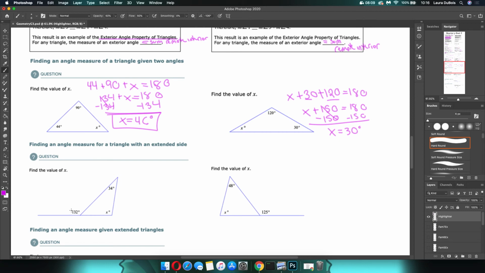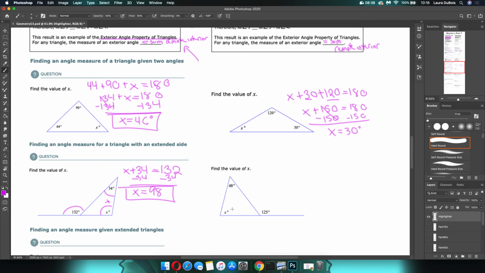How about this one? The remote exterior. So we know that this is the same as adding these two things together. So therefore, x plus 34 equals 132. That was the whole point of this topic up here. So minus 34, minus 34, x equals 98 degrees.